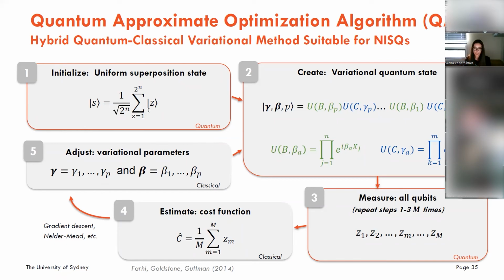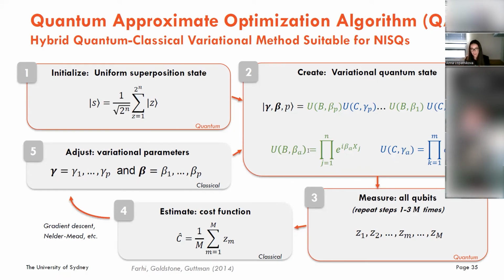It's a uniform superposition. And then you apply these individual qubit gates, these rotation gates, to this state S. You first apply this kind of gate that has a parameter gamma to it, and it applies a complex phase that encodes the information from the cost function with the parameter gamma.